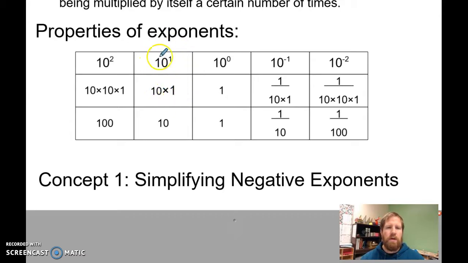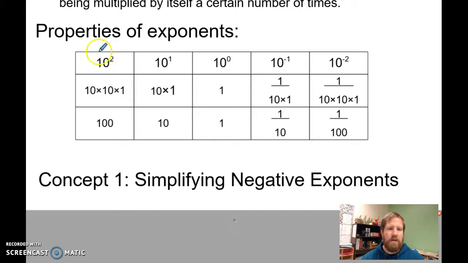So anything to the first is just itself, because that's the base times 1. Anything to the 0 is 1 because you're not multiplying the base at all. It's just 1 times, and then there's nothing else. So every time you increase, you're going to multiply by the base another time.